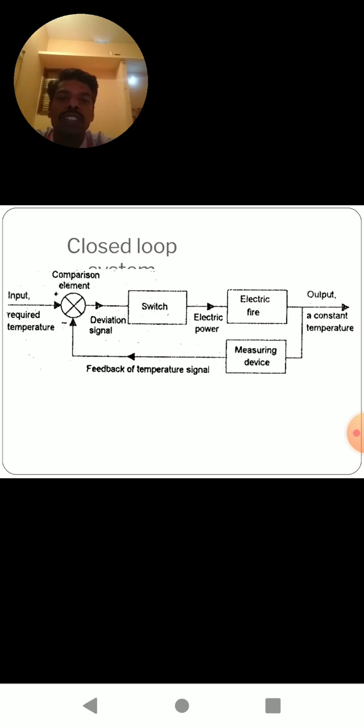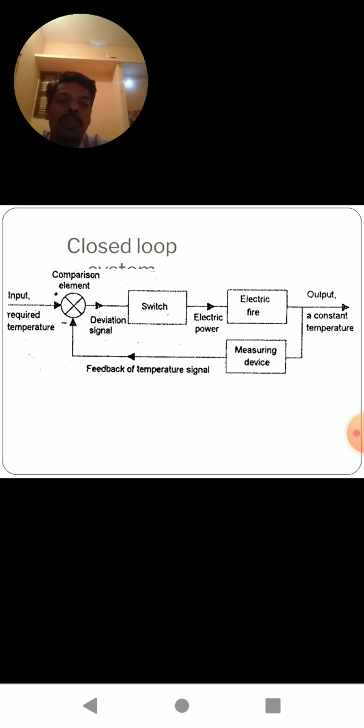According to that, the switch functions in the open loop system, but not like this here. Here the input data is directly provided to the comparison element. The comparison element will permit that input data to the switch in the initial stage. Then the switch provides the electrical power supply to the electric fire.